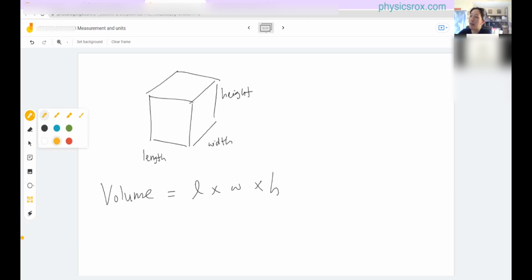Length, what's the unit for length? If you measure length, what's the unit? Cm, okay. Width? Cm also. Height? Cm also.